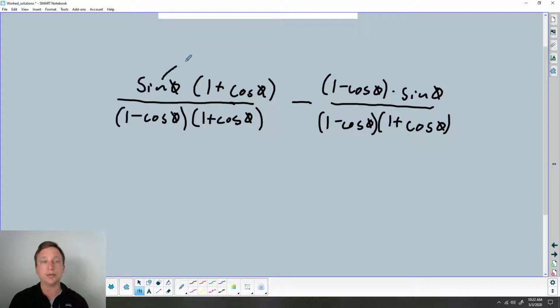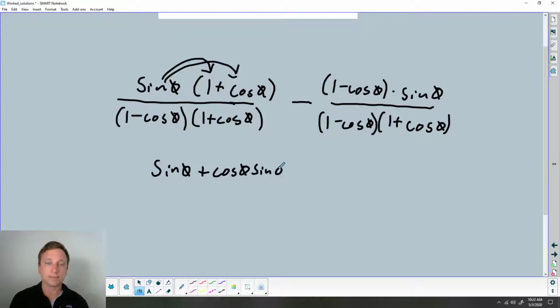So when we distribute through and write these as one fraction, I have a sine theta plus a cosine theta times sine theta. And then on the right side, I'm going to subtract this quantity, a 1 times sine theta, so a sine theta, minus a cosine theta sine theta.